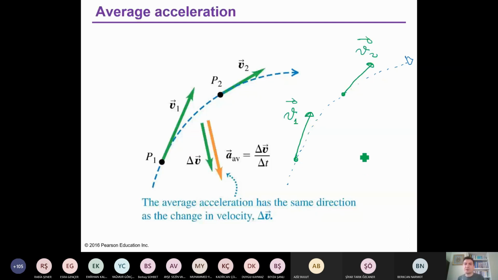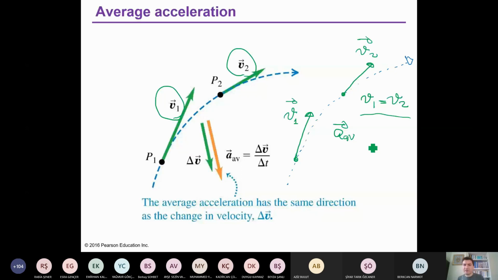What do you see here? The magnitude of V1 is equal to the magnitude of V2. Only their directions are different. In the previous example we had a bigger magnitude of V1 compared to V2, but here we have the same magnitudes for V1 and V2. What about average acceleration?